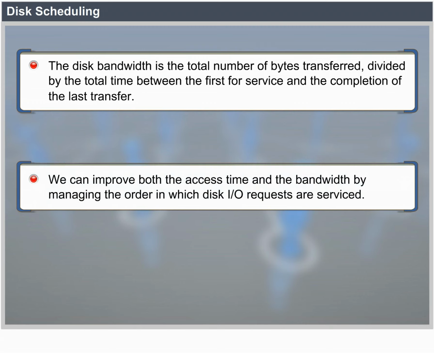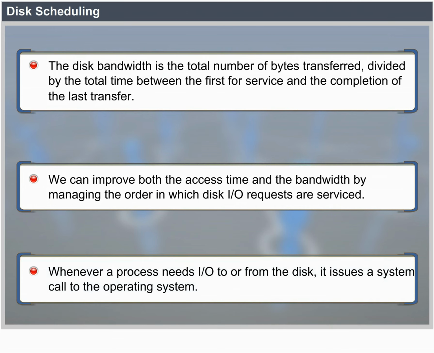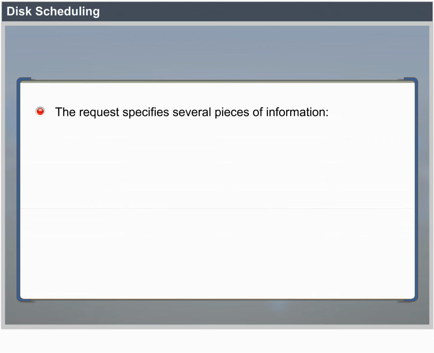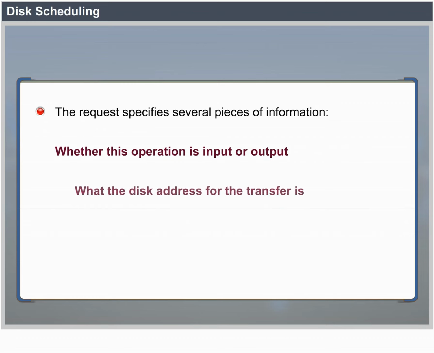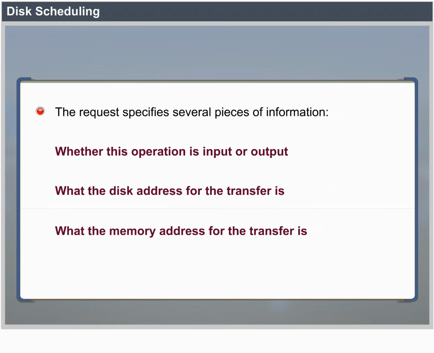Whenever a process needs input-output to or from the disk, it issues a system call to the operating system. The request specifies several pieces of information: whether this operation is input or output, what the disk address for the transfer is, what the memory address for the transfer is, and what the number of sectors to be transferred is.